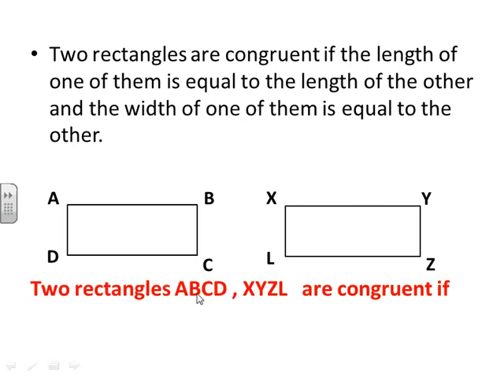These two rectangles are going to be congruent if side AB equals XY and the side BC equals YZ.